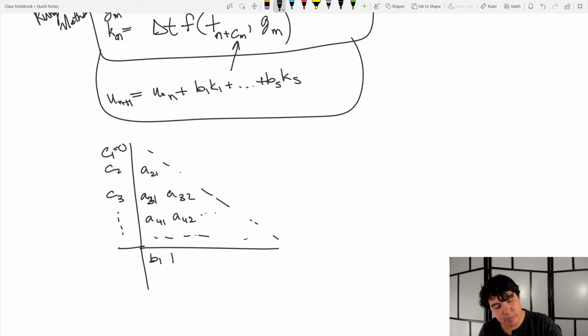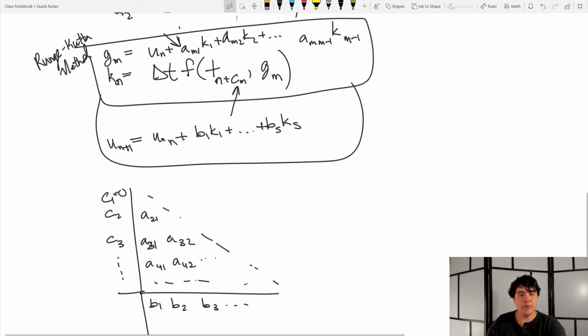You have b1, b2, b3, and these are all numbers, and when you pick these numbers you get a method. You would simply calculate a derivative using the point, add them together using what's in this matrix, calculate a derivative, add it together, and so on, and these are a Runge-Kutta method. So a table of values, known as a Butcher tableau, defines what a Runge-Kutta method would be.